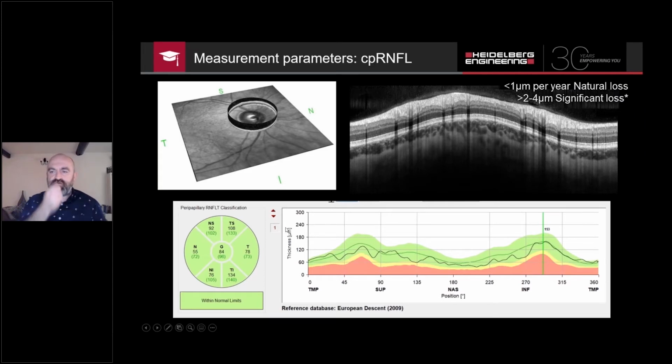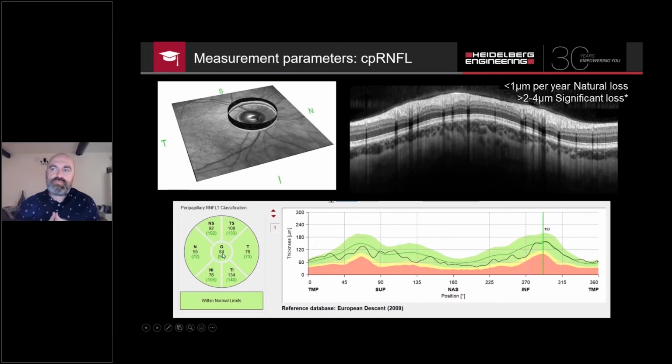The very controversial part of investigating the RNFL for change is what's classified as normal loss and what's classified as significant. And really the jury's still out on this in many ways, because it depends what specialist you speak to. But the general rule of thumb is that it's agreed that around 1 micron of loss is to be expected from a global RNFL point of view. And from the Garway-Heath grid, that's that G in the middle.